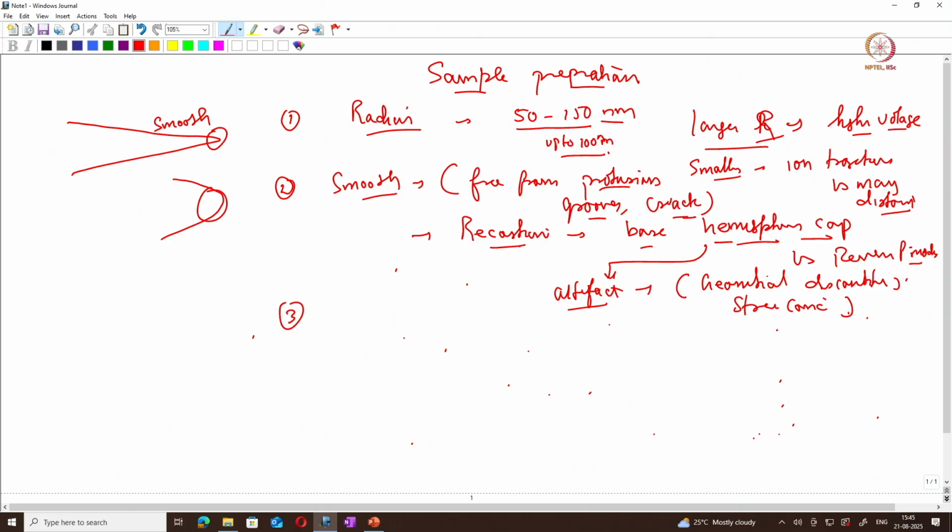The third condition is the tip surface should be of circular cross section. We have assumed that these are hemispheres with a circular cross section, truncated shape.